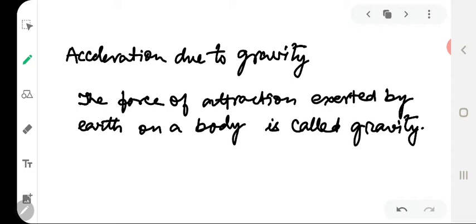Therefore, a body under the effect of gravitational pull must accelerate.